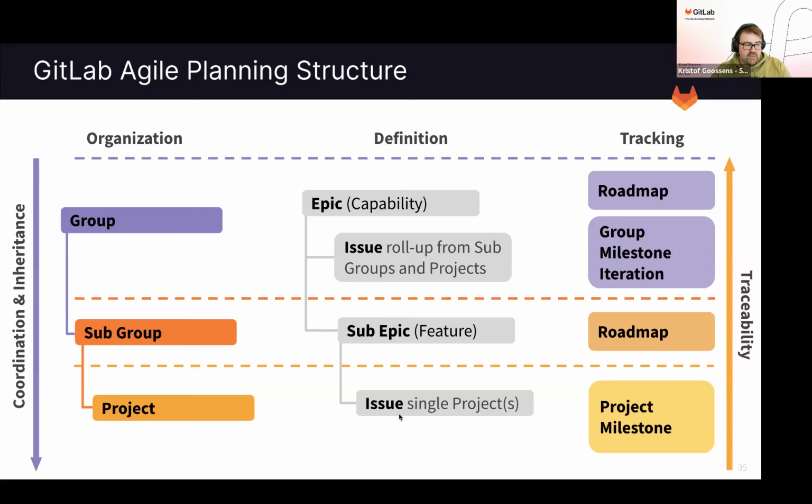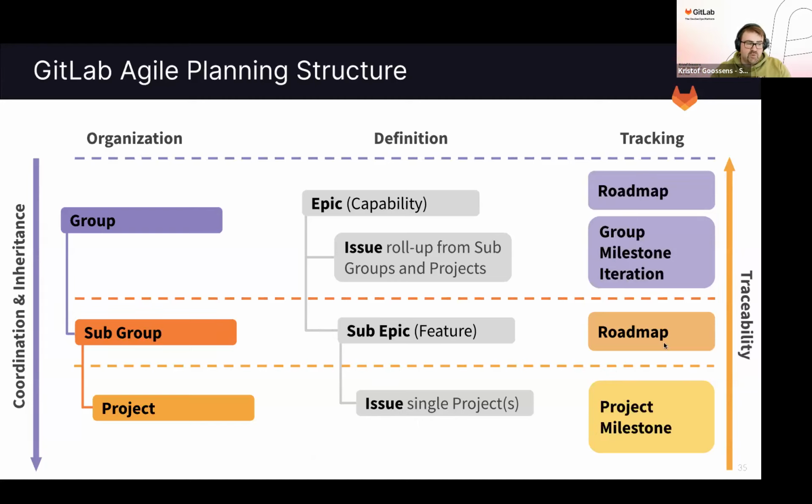And while doing that definition, because of that inheritance and the group structure, we can have traceability from the bottom up as well. At the bottom, we see the project milestone, so milestones specifically created for and within that one particular project.